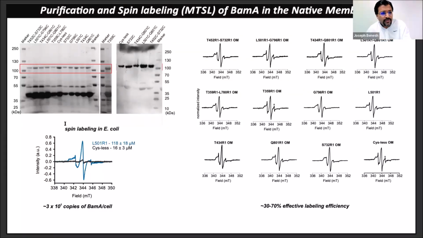They are not coming from labeling of the proteins because outer membrane proteins don't have any free cysteines. But here, what happens is that the spin labels physically adsorb to the membrane. But as I showed you earlier, and as I'll show you in the coming slides also, they don't contribute any distances other than lowering the overall sensitivity. And so we have an effective labeling efficiency of 30 to 70%, which is also acceptable for performing measurements in the native membranes.